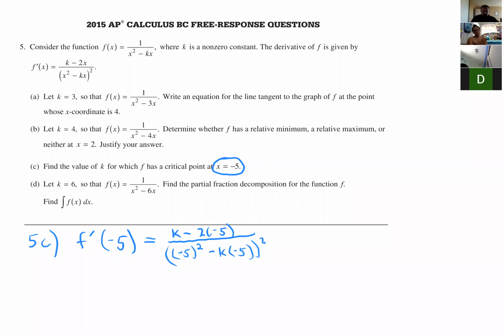I'll start with the numerator. So I'm going to say that f prime of -5 equals 0 when the numerator is 0. So when k minus 2 times -5 equals 0, when I solve this, this is going to give me k equals -10.